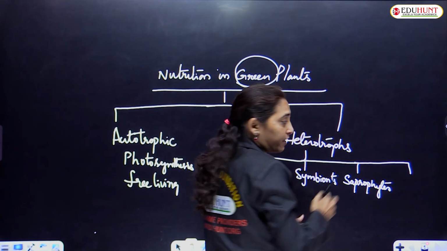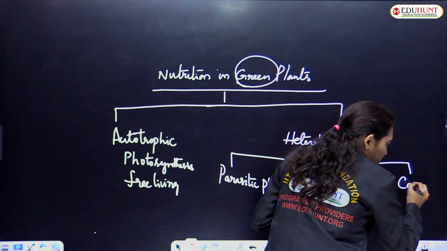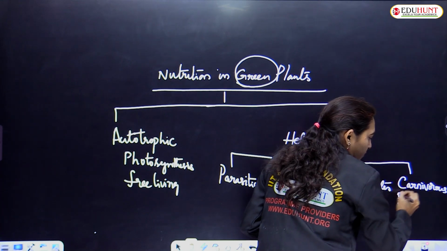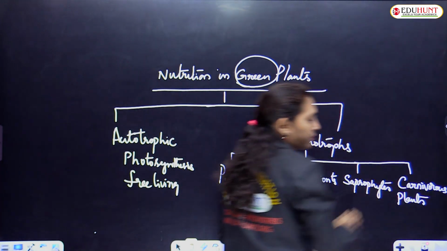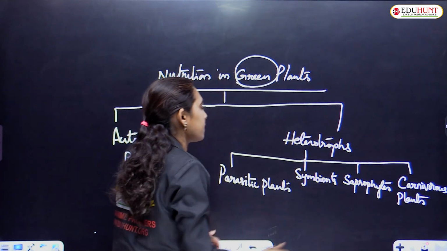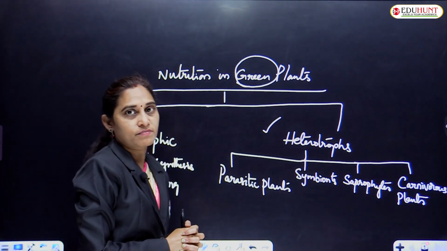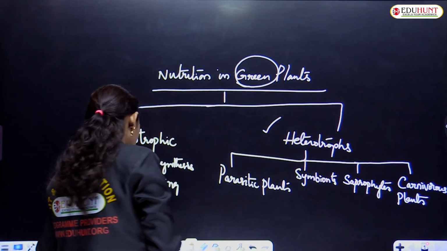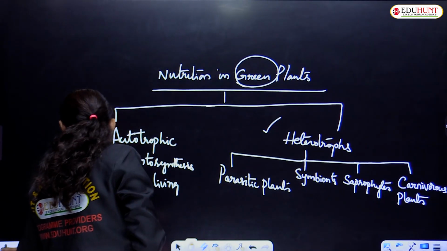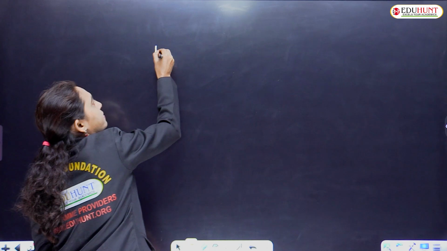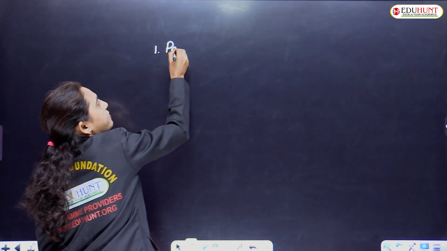And the fourth category, carnivorous plants. These are the four different types of heterotrophic plants. One is parasitic plants.